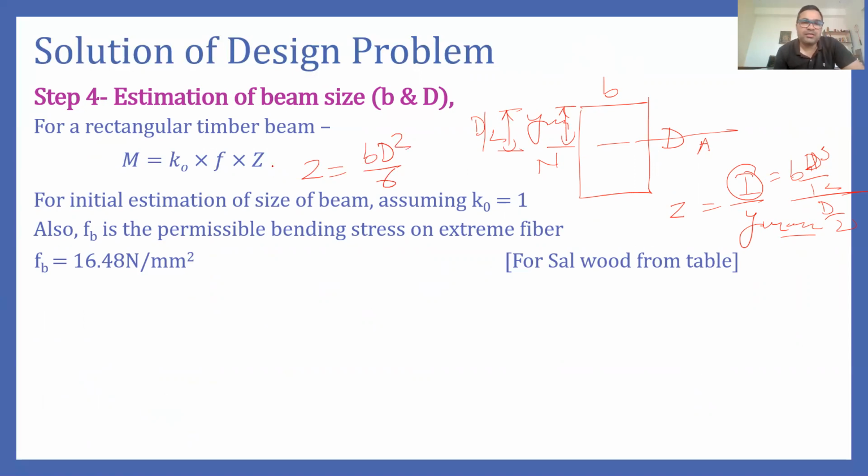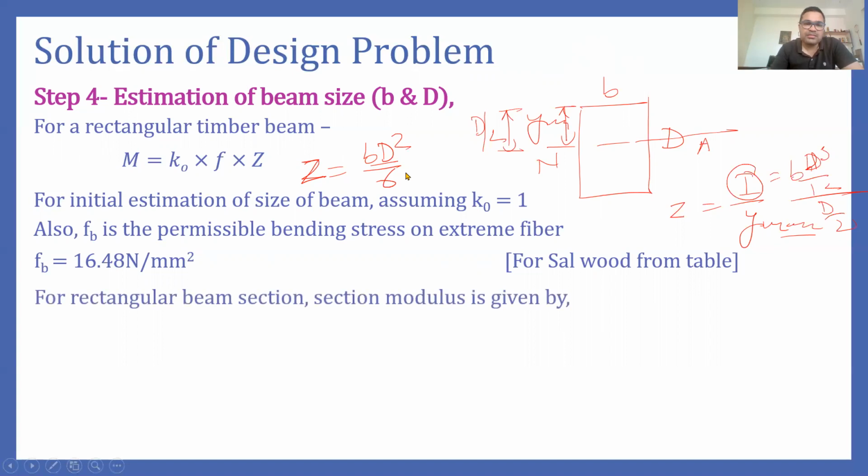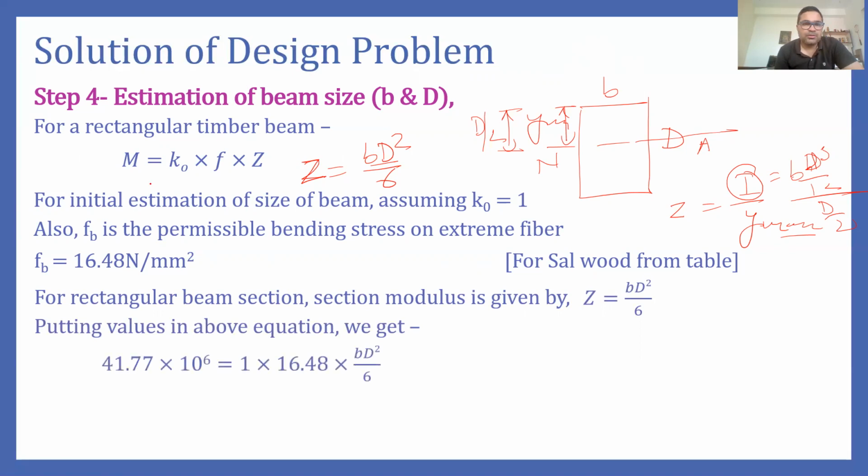So here you can see that this Z is dependent on the dimensions B and D. Now if we put these values in this equation, we have the M value as 41.77 into 10 raised to power 6, K naught value is 1, FB value is 16.48, and Z is in terms of BD square.